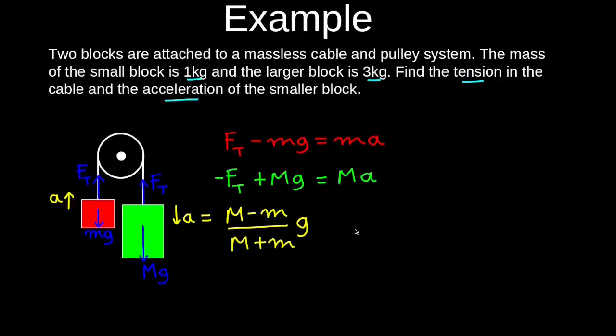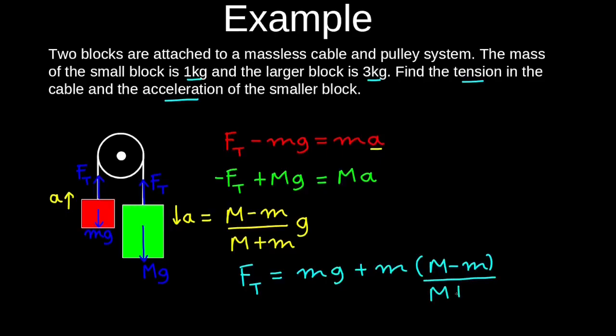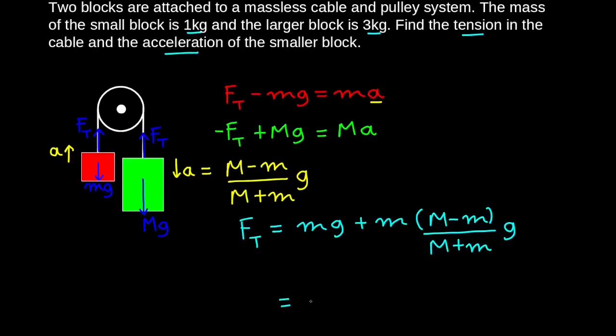And substituting the acceleration into one of these equations, which can be simplified as follows. And now you can substitute these numbers to find values for the acceleration and tensile force.